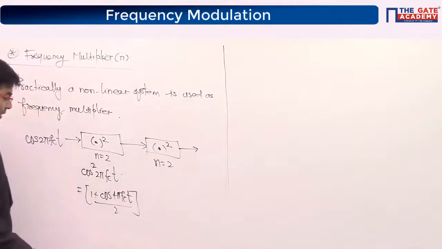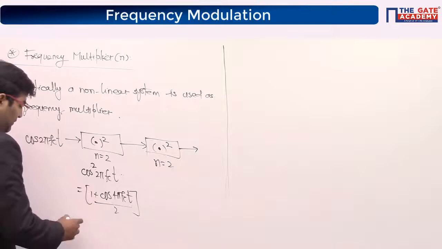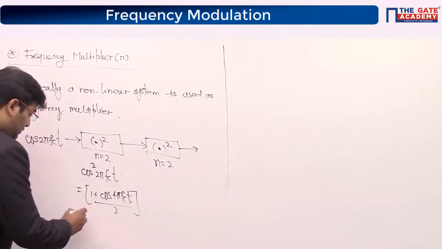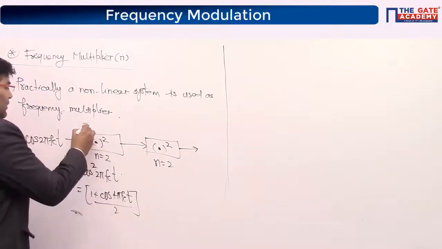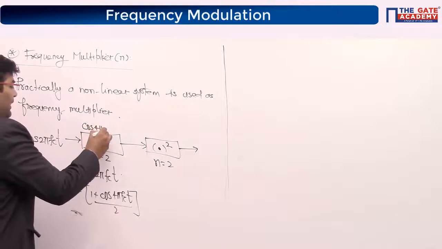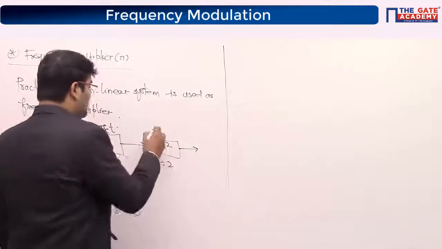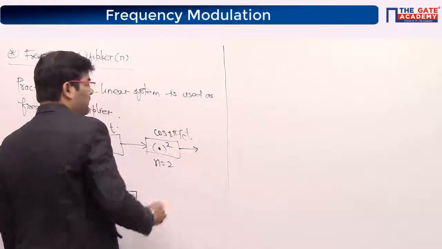Using that, you are getting here. So what is happening? If you ignore the DC term, I can write cos 4πfct, and similarly you will again get here cos 8πfct.